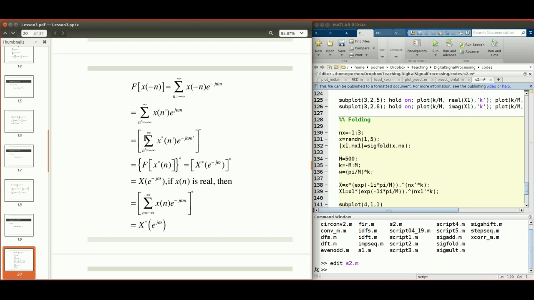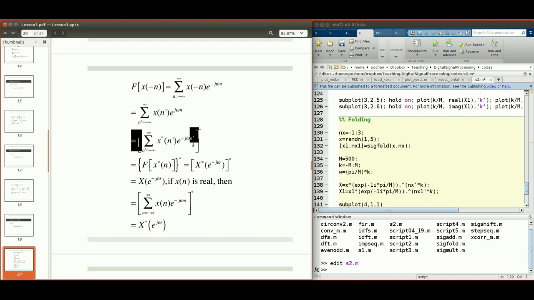And if we pay attention to the stuff inside of the square bracket, we'll see that it's actually the Fourier transform of x star, the conjugation of x. If you don't believe me, it's exactly the same as the Fourier transform formula. There's only one difference: now the input signal is x star. Of course, n is replaced with n prime, but n prime is just the index, it doesn't really matter.